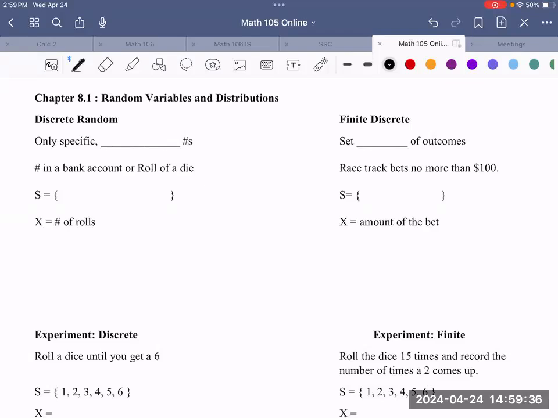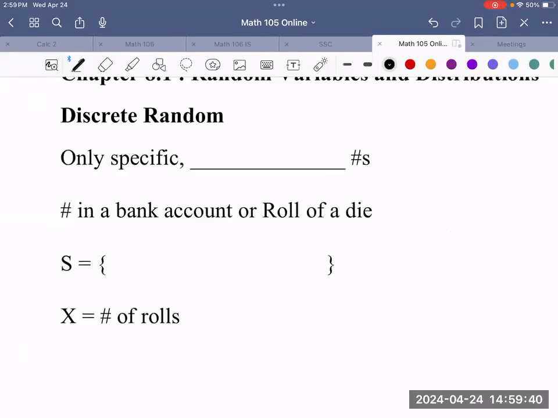A discrete random variable means only specific, isolated numbers are going to be classified as discrete. For example, the money that is in your bank account, or the roll of a dice, right? The numbers facing up.